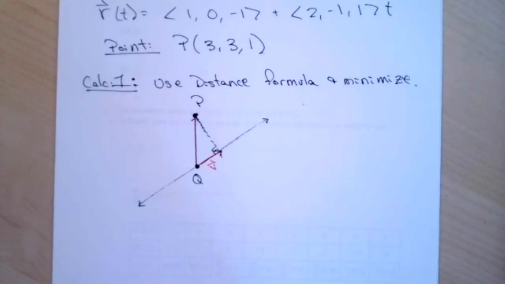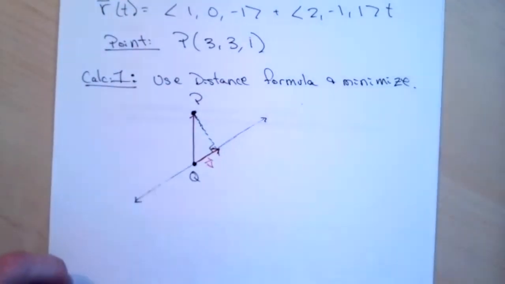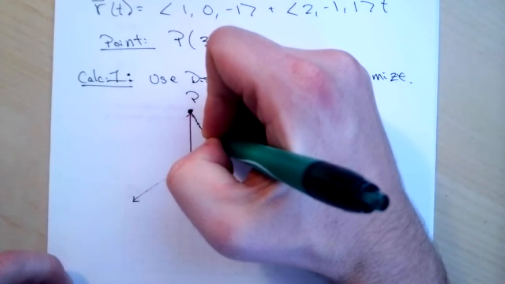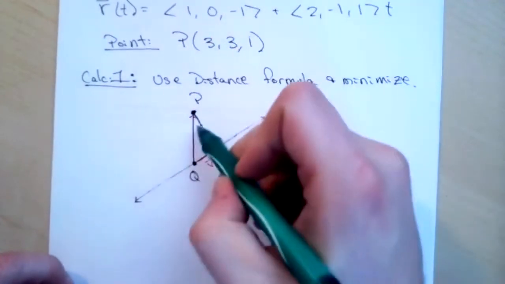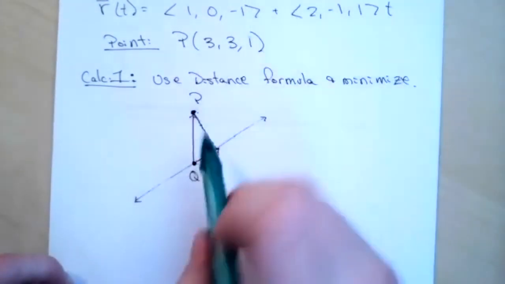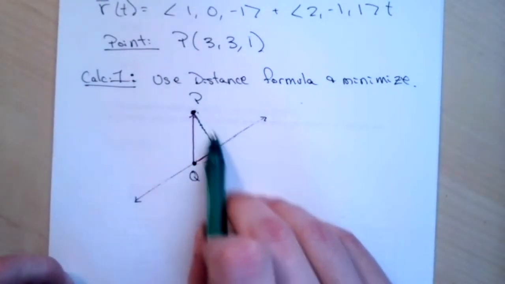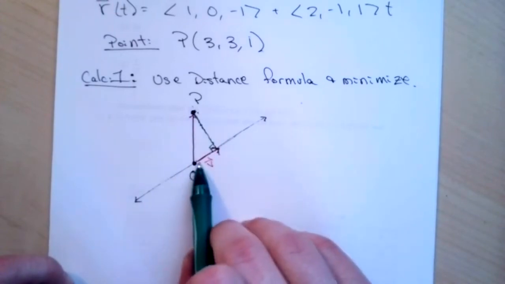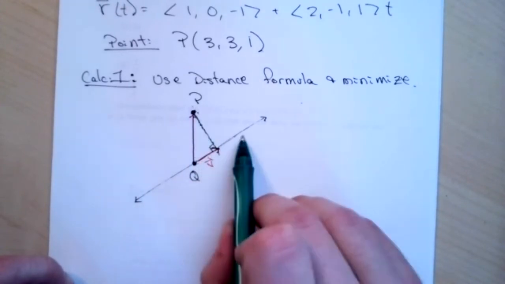If we walk from P and then hit Q, while we will be on the line, it's not necessarily the shortest distance. How do we find the path we should travel? Well, we would want to start from P and walk orthogonal to the line. In other words, we could take this directional vector PQ, or QP if you want to flip it, and then project or find the orthogonal component relative to our directional vector.